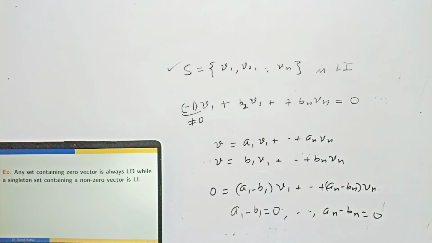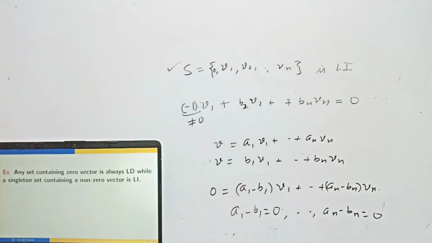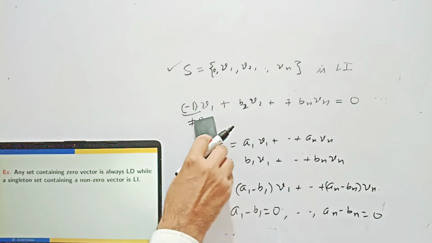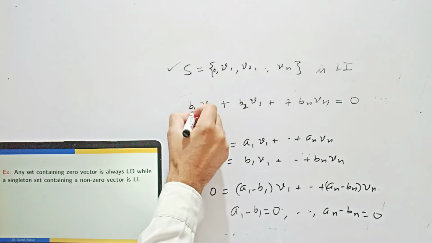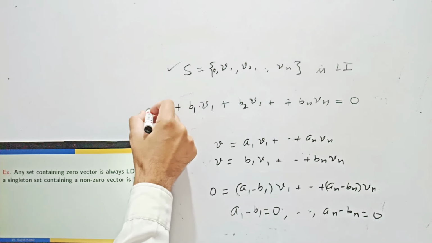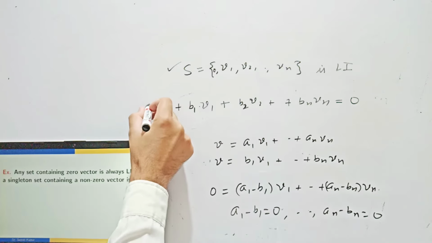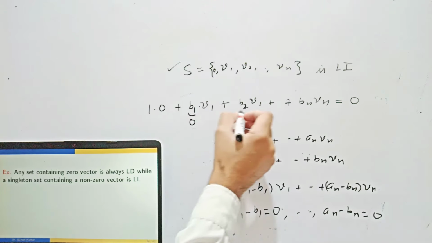Any set containing the 0 vector is always linearly dependent. In these vectors, say 0 is included. It is always linearly dependent. Why? Because whatever combination you consider, with 0 at least I can put some non-zero scalar. Say I put 1 times 0.